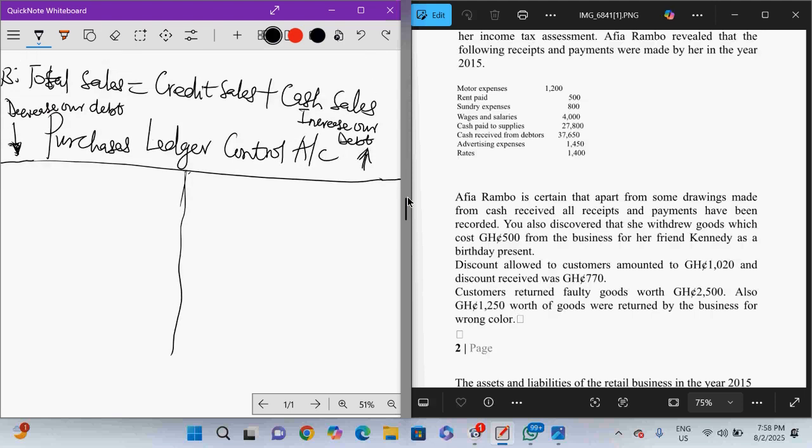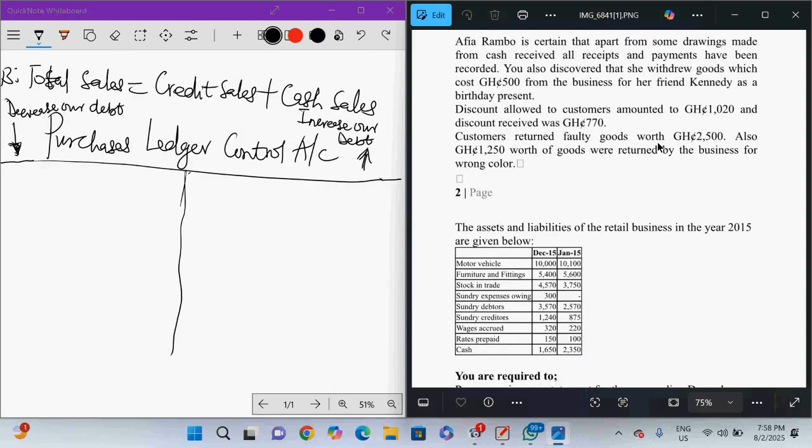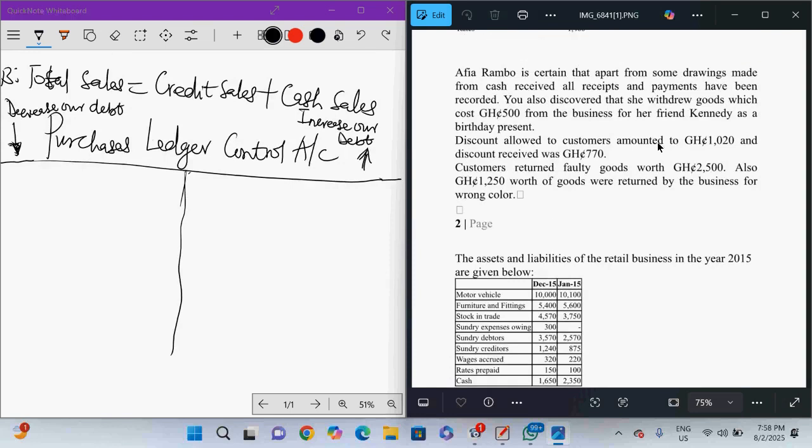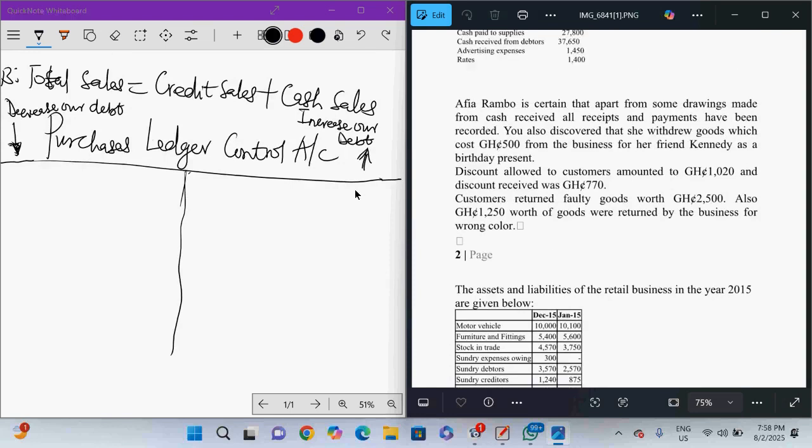So here, let's go to the table. Do you have any sundry creditors? The purchases ledger control account is the same as the creditors ledger control account.